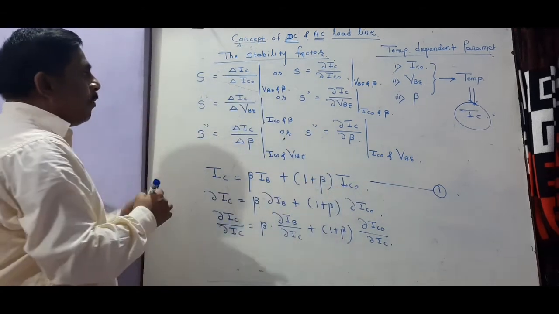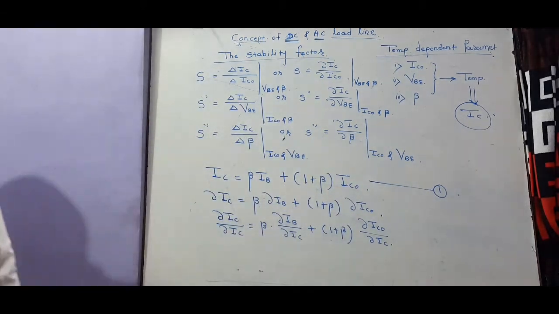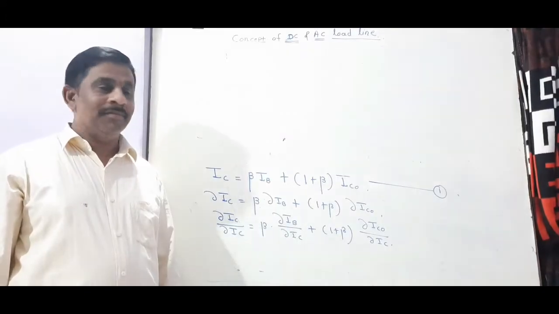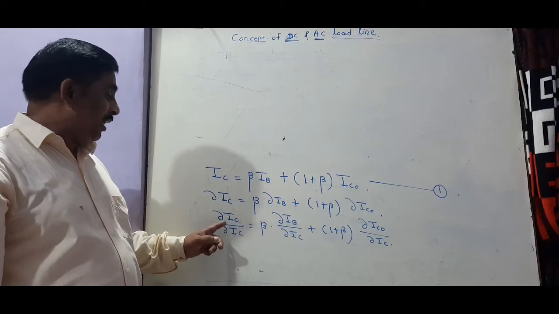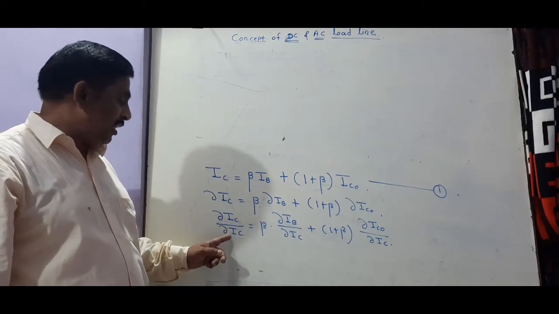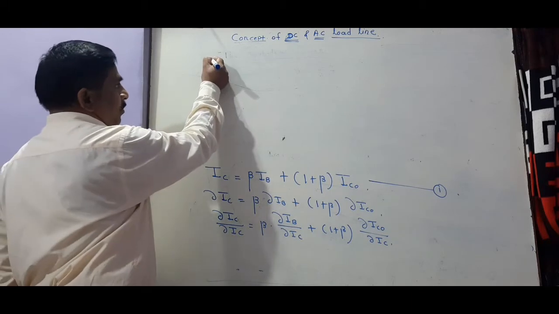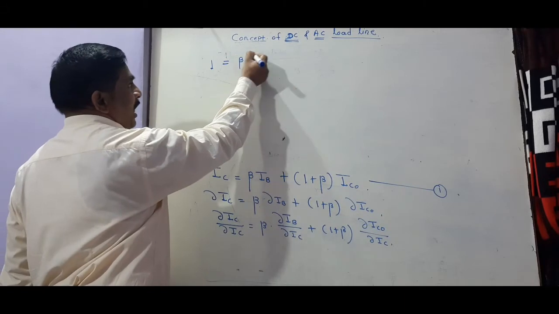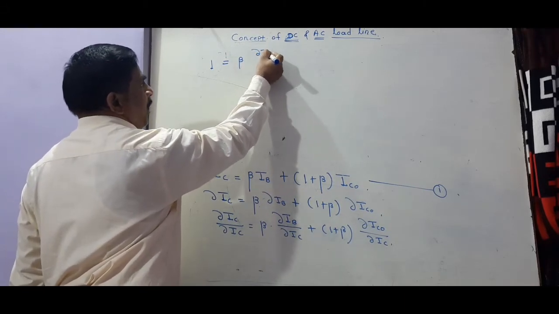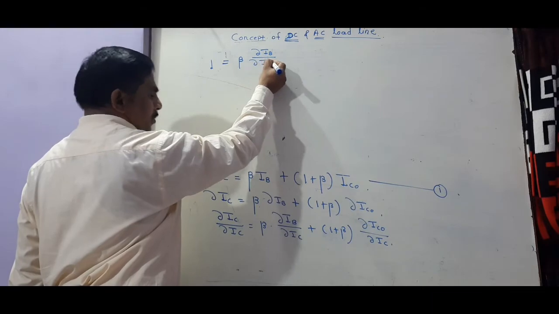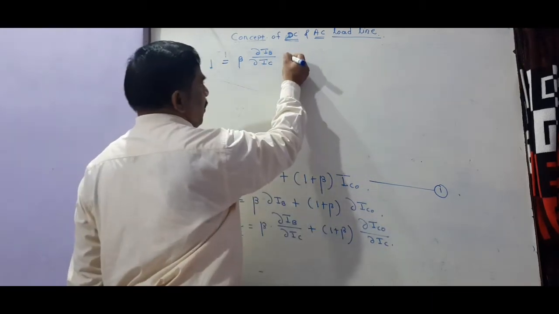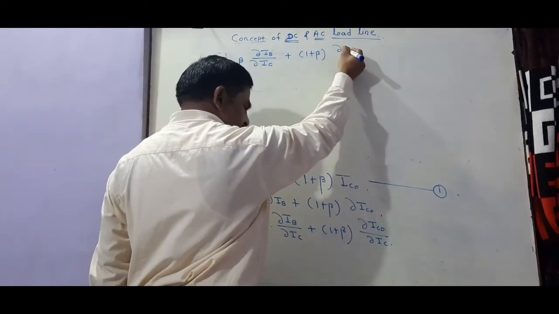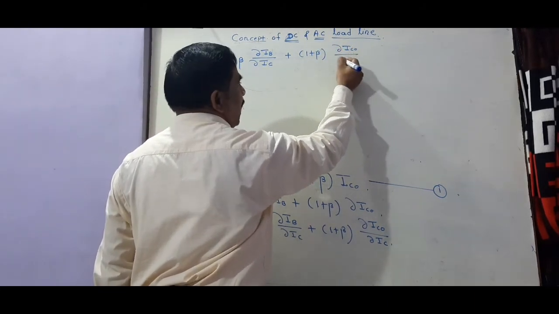Now simplifying the above equation, we get 1 is equal to beta into delta IB upon delta IC plus (1 + beta) into delta IC0 upon delta IC.